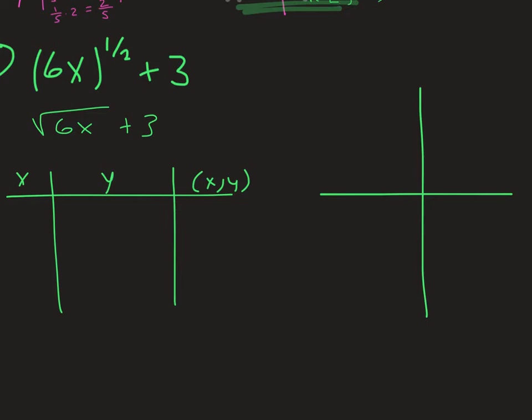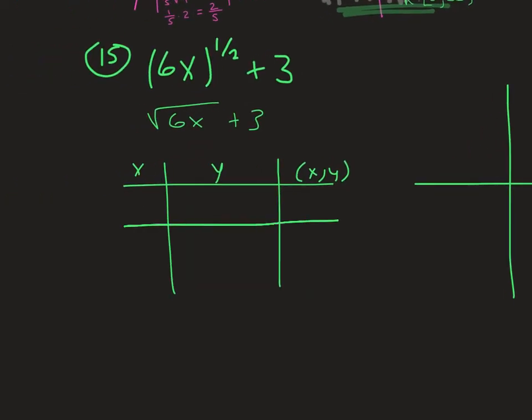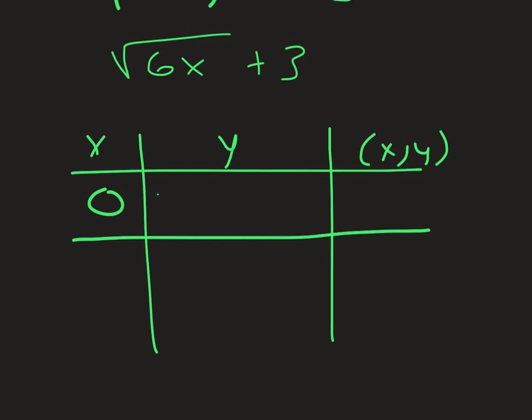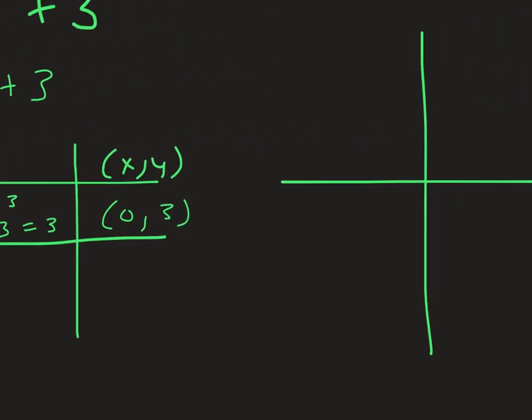Awesome. We can't have any negative numbers here, so we want to start with 0. So you have the square root of 6 times 0 plus 3. 6 times 0 is 0. Square root of 0 is 0. And 0 plus 3 is 3. So here we have 0, 3. So we stay on 0 and go up 3.